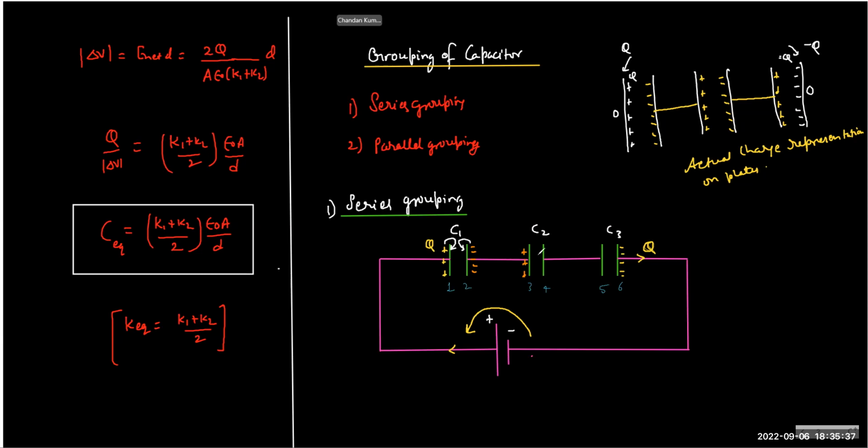Now this plus will induce minus here, and this will induce plus here. The reality versus the diagram here, I know it's confusing, but please don't get confused. So technically, this is the reality, but when we study circuits particularly, we say that the battery has given charge Q.